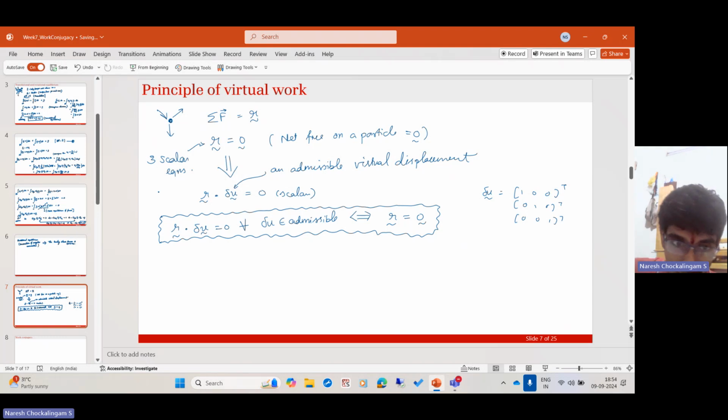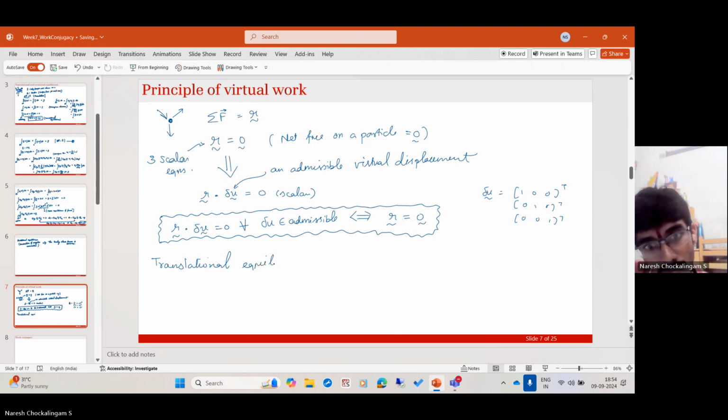Now in continuum mechanics, you can also arrive at something similar. So start with our translational equilibrium equation. What it is: the divergence of the Cauchy stress plus the body force intensity per unit volume is equal to 0.